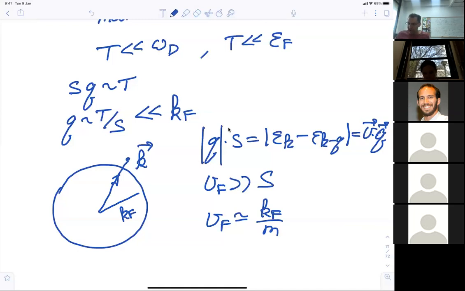So this already tells us that the scattering is very limited. We cannot go far from this point. We are only limited by some very small radius of scattering, which is T over S.